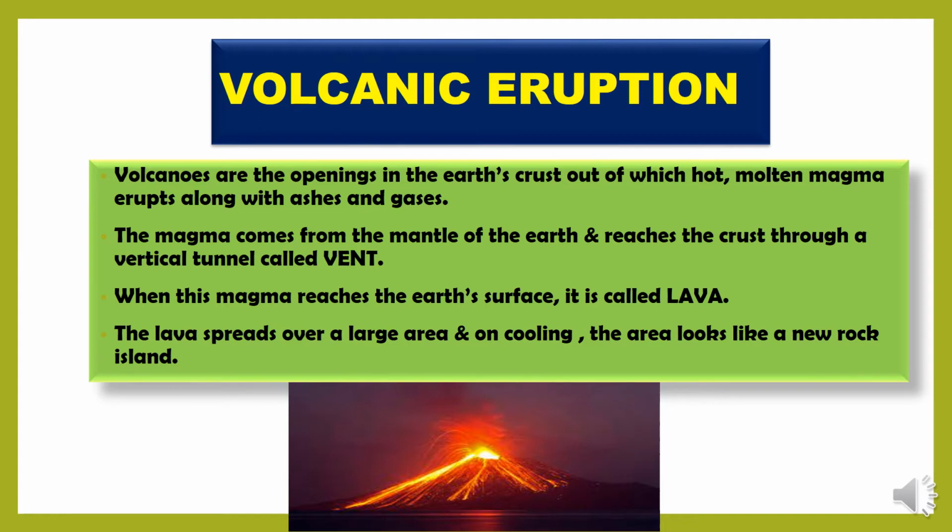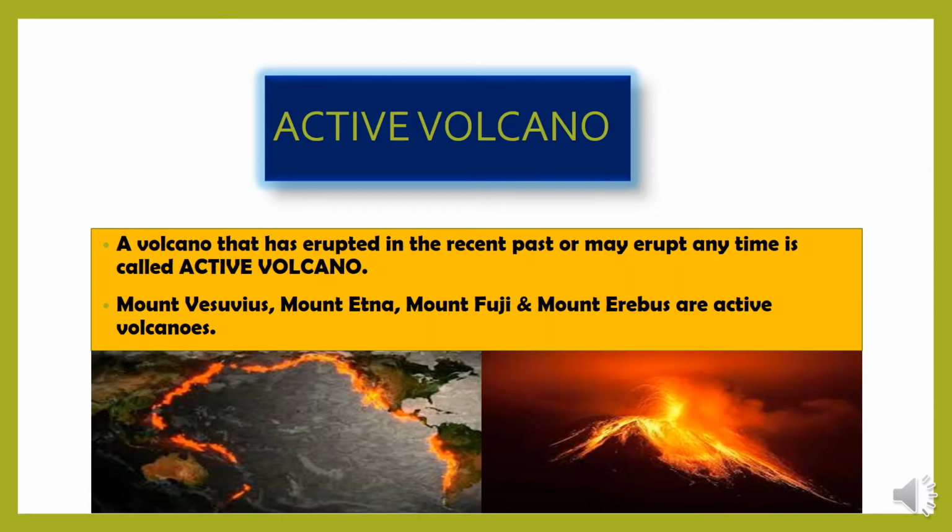Depending upon the state of the volcano, it can be classified into active, dormant or extinct. Let's first discuss active volcanoes. A volcano that has erupted in the recent past or may erupt any time is called an active volcano. Many active volcanoes can be found in the Pacific area, which is why this area is also called the Pacific Ring of Fire.